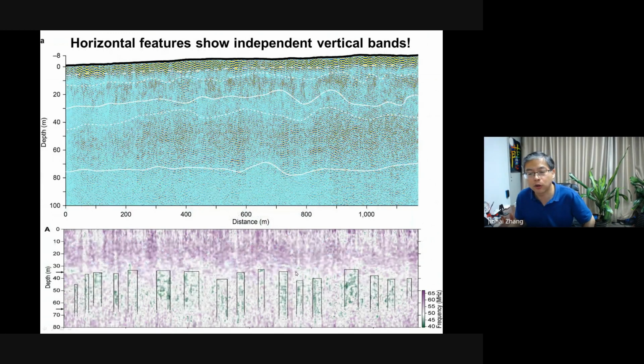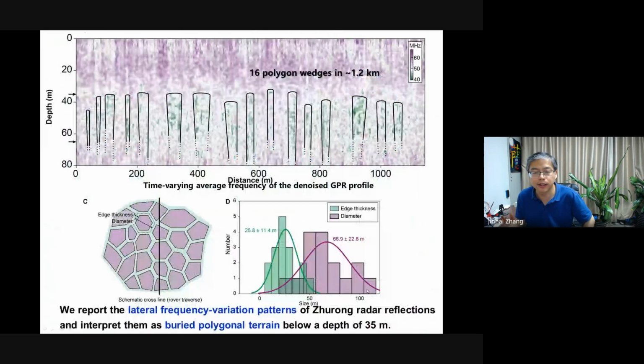However, for the horizontal or lateral variation, using numerical spectrum analysis, we can see some local regions that have a much lower frequency. That means the green region. We interpreted them as polygon wedges, because when the rover is moving on the ground, we can see the edge here, or the polygon terrain here.